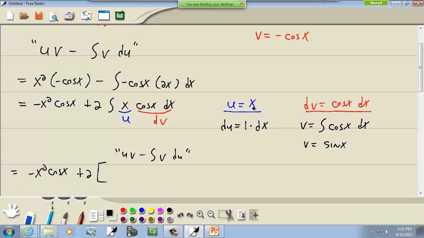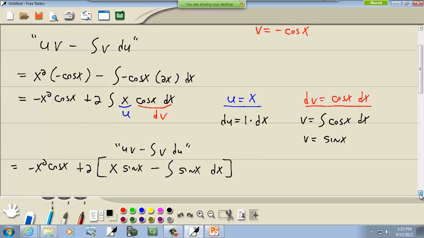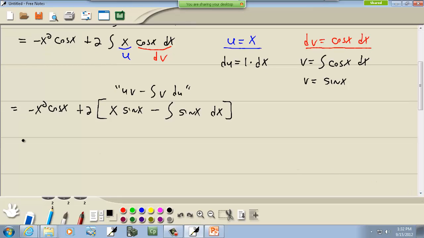Well, u we said was x. v we said was sine x, minus the integral of v, which is sine x, du, which was just dx. I'm going to add my plus c at the very end, in case you're wondering.